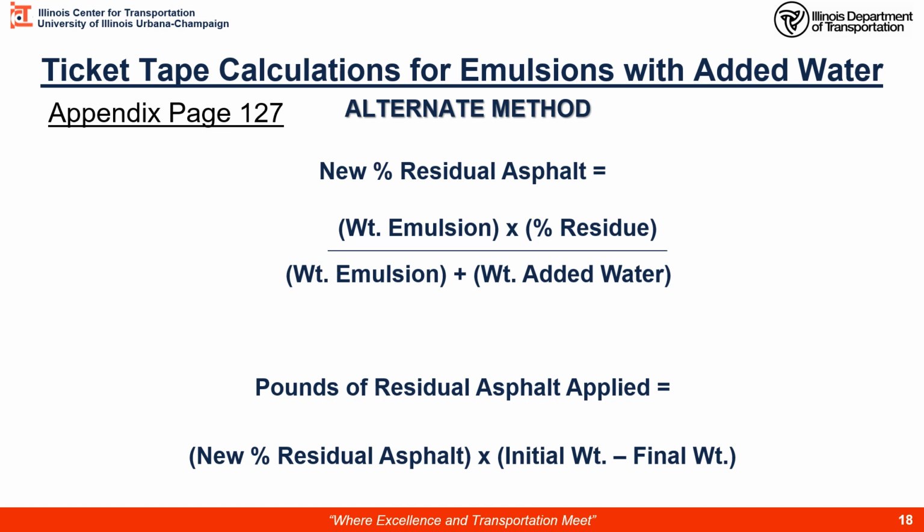And then from that, we're going to determine the pounds of residual asphalt applied by taking our truck weights, the gross or initial weight minus the final tare weight. That gives us what's applied. We're going to multiply times that new residual rate of the asphalt, and that will give me the pounds of asphalt applied to the roadway.